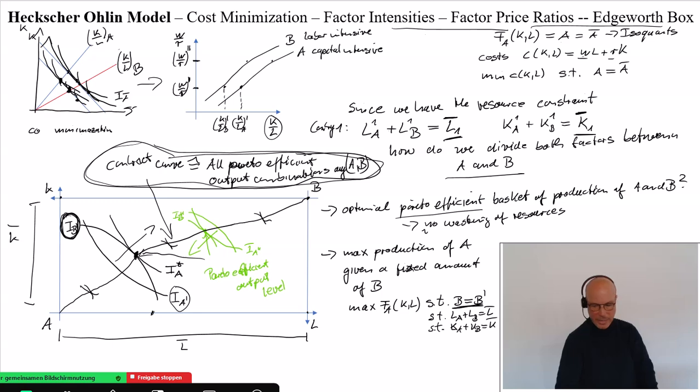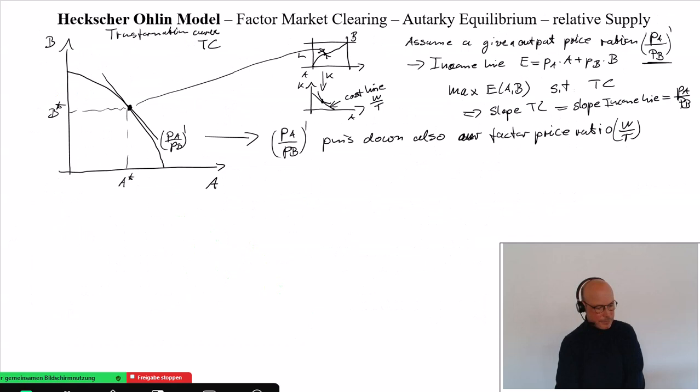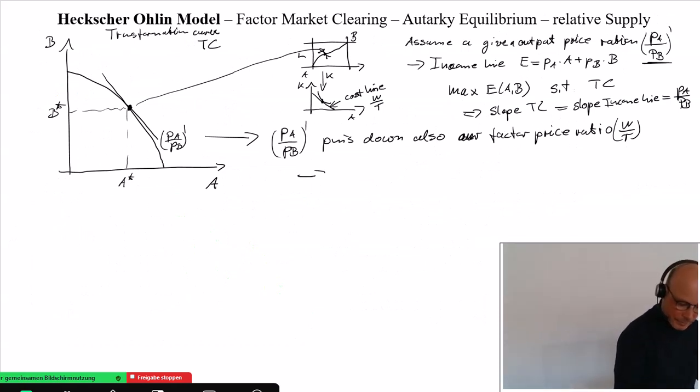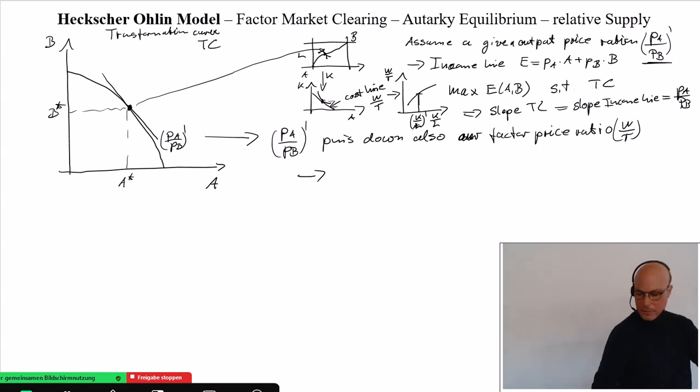So in the end, I think I got it here. There we had on the first slide K over L, that this one also pins down our capital over labor ratio.